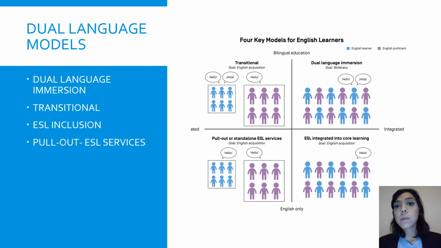Thomas and Collier did mention that in these programs, the only program that has a long-term commitment from pre-K all the way to 12th grade is the dual language immersion program. The other ones are subtractive. The other ones have a commitment all the way to just 5th grade, and that's it.